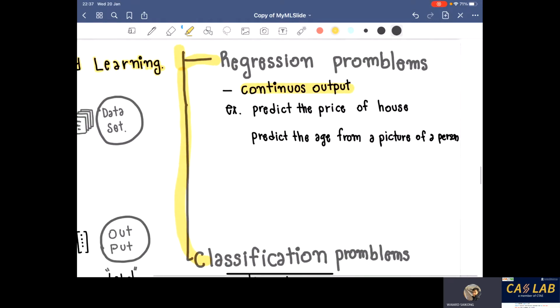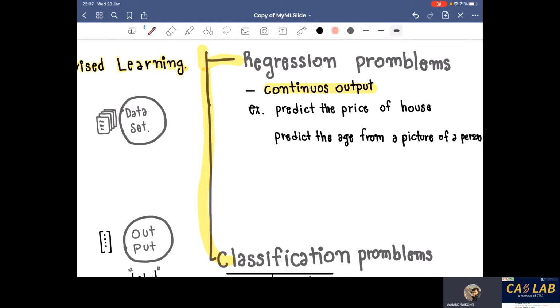Okay, if we draw a graph like this, this is the area of a house in square meters, which we may call the feature.